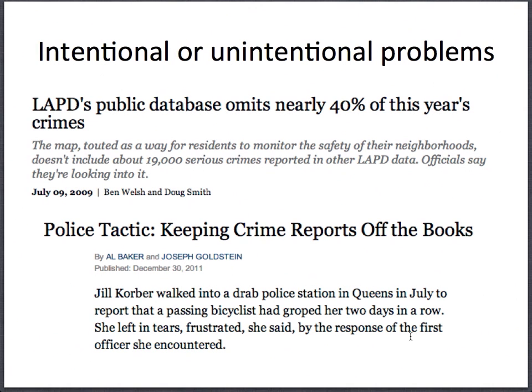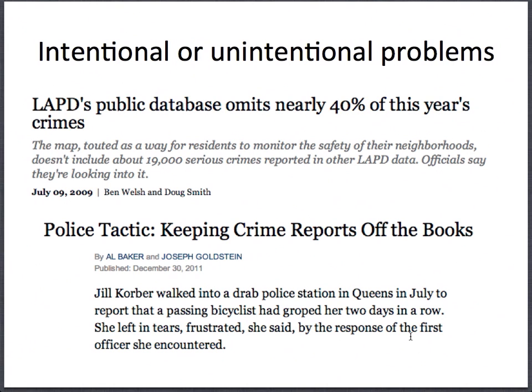So you can have unintentional problems, as in, here's the same type of data, right? Crime data. In the first instance, the Los Angeles Police Department published this crime map to much fanfare and said, now you can see where there's crime in the city. Only when the Los Angeles Times started pulling in the data feeds, both from the LAPD and from the sheriff's office, which was a complicated process to get it all in one place, and made their own map, they discovered that half the crimes were missing.